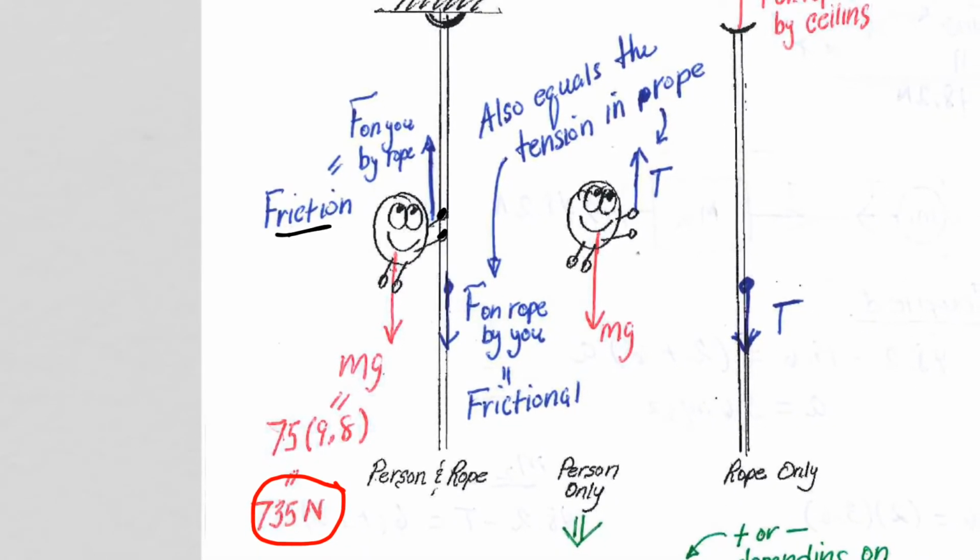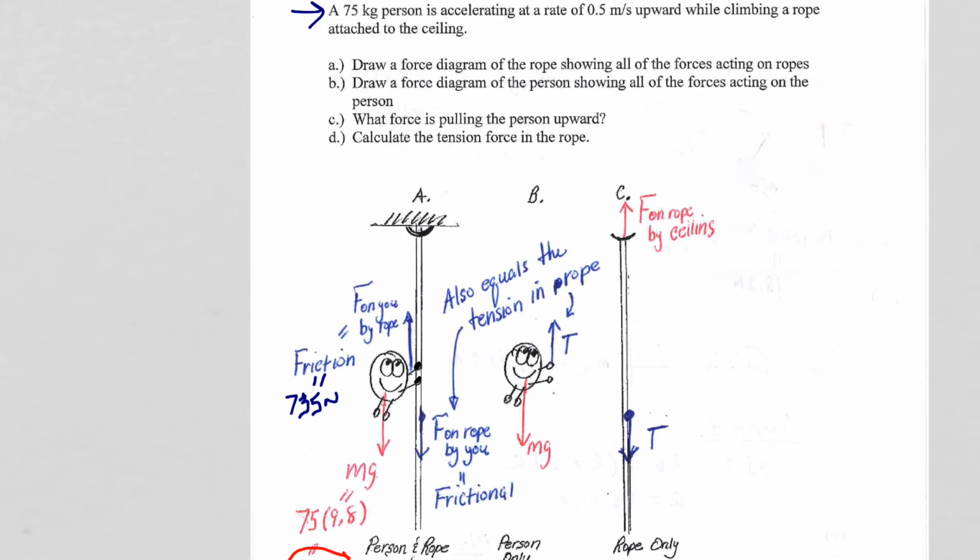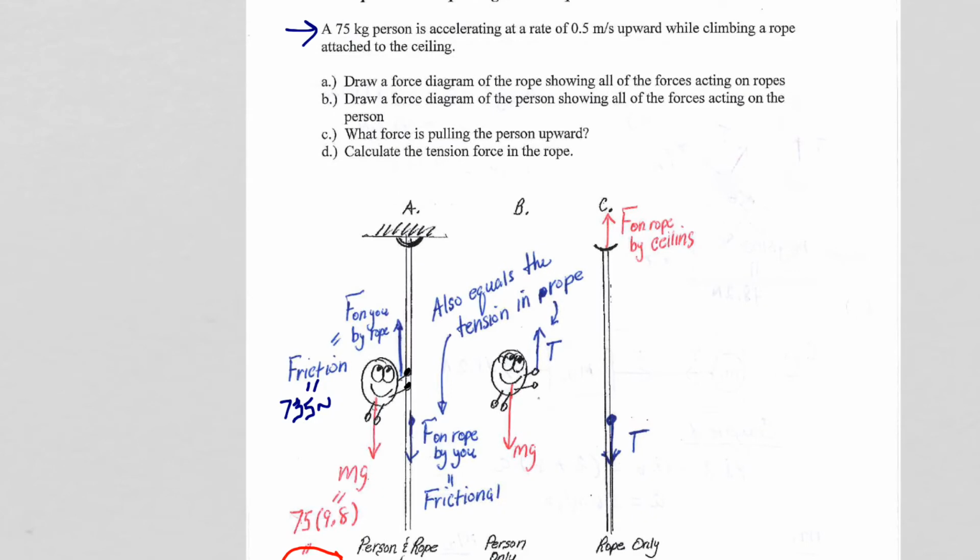Well, how much friction does there need to be? Well, a lot. The frictional force in this case has to be equal to your weight force, your 735 newtons, just to keep the person from falling down. That's not going to be what it is to actually accelerate up the rope and climb the rope.